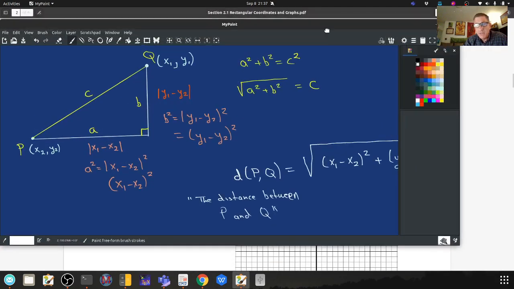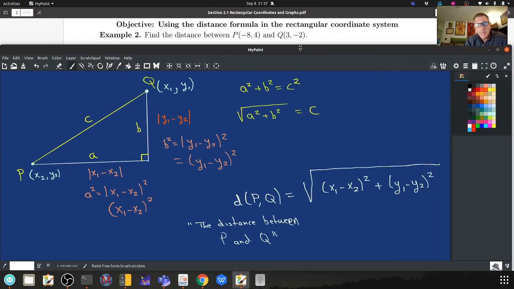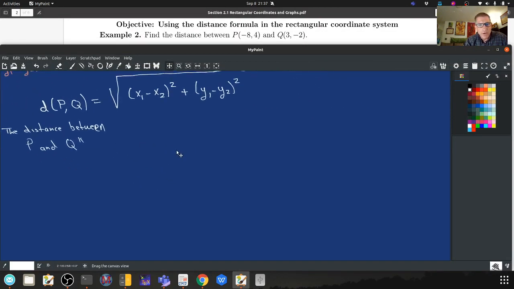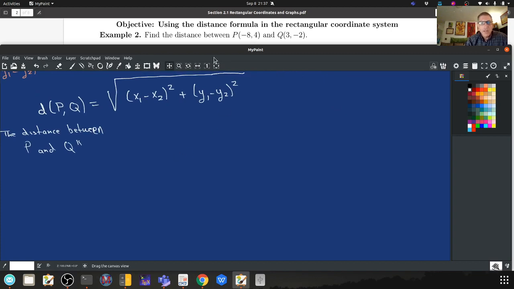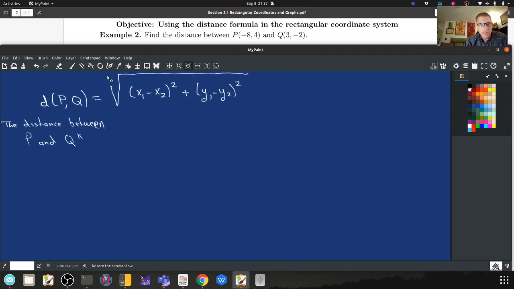It was minimized. Well, that did it anyway. So we'll kind of keep our distance formula over here. And if that bothers you, I learned a new skill. I can literally straighten it up.